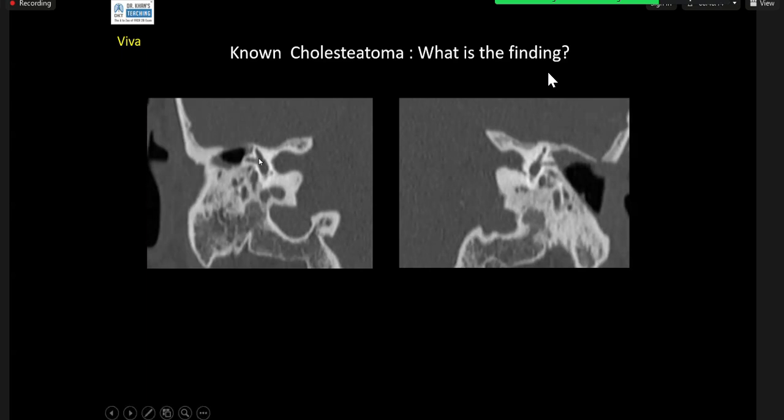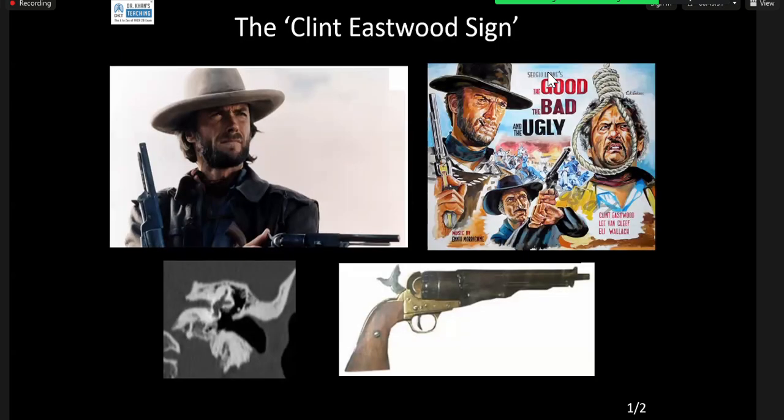This is the lateral semicircular canal on the normal side. This is the superior semicircular canal. The key point to remember is that there must be a bone between the lateral semicircular canal and the middle ear cavity. Here you can see that there is no bone. This is known as fistulization, and this is a classical exam scenario.